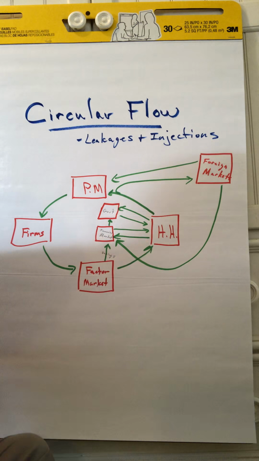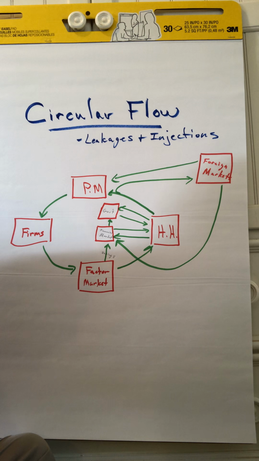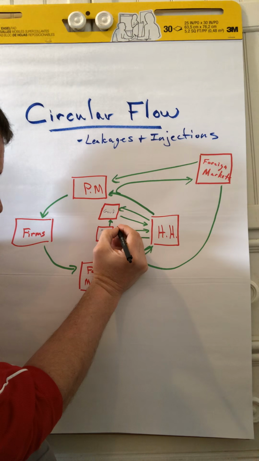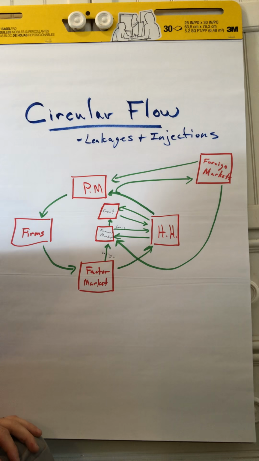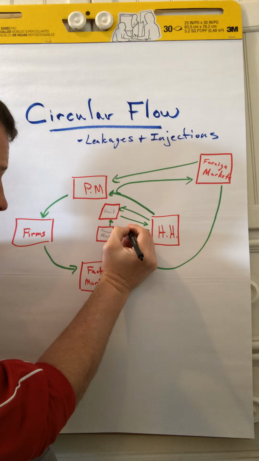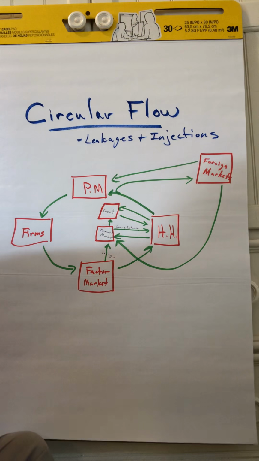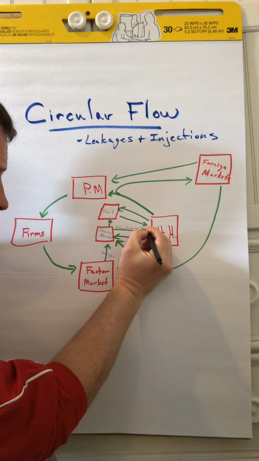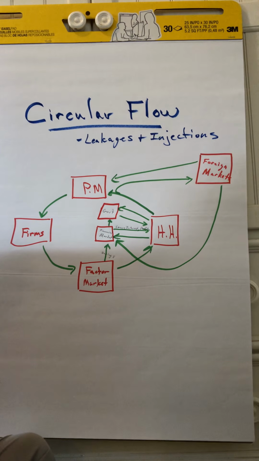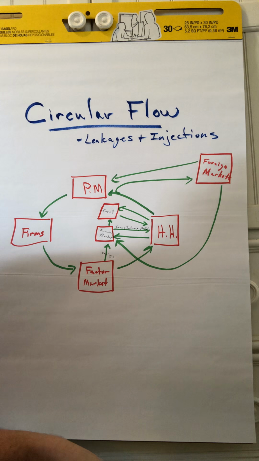With the financial market to households, sometimes they give money to households based off of some of the investments that they have. So this could be an example, it could be loans. Other examples could be interest payments. Another example would be profits. So an example would be, let's say I buy bonds from the financial market.